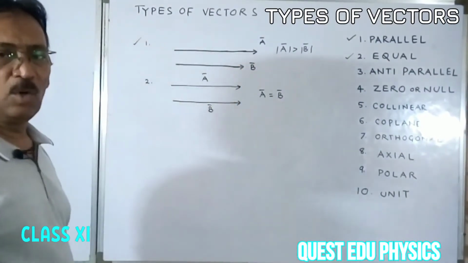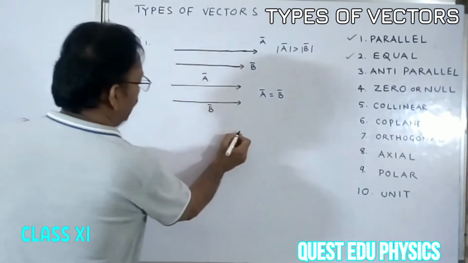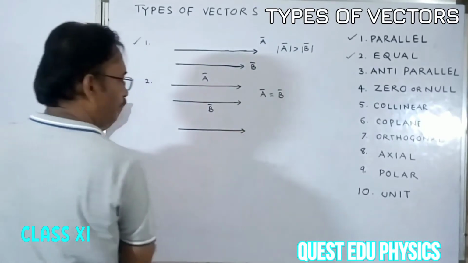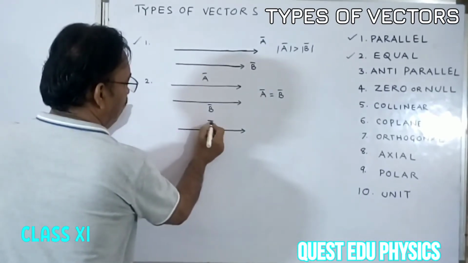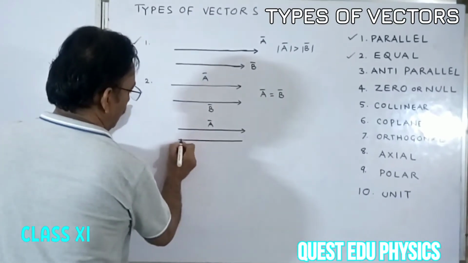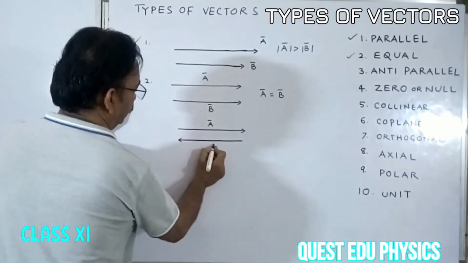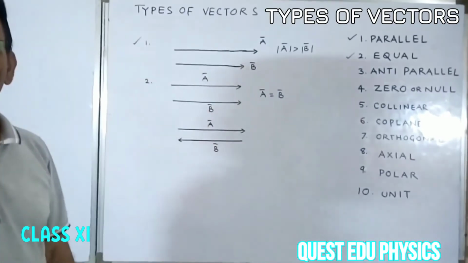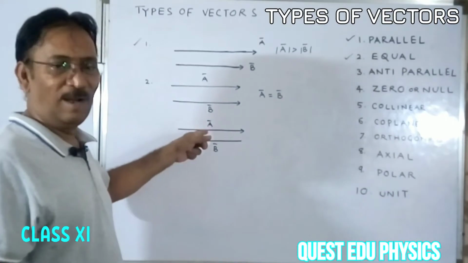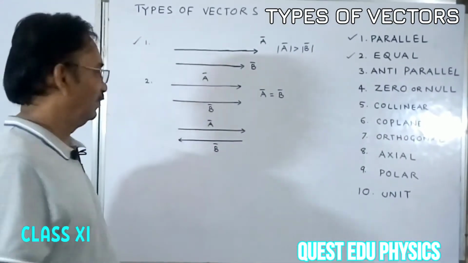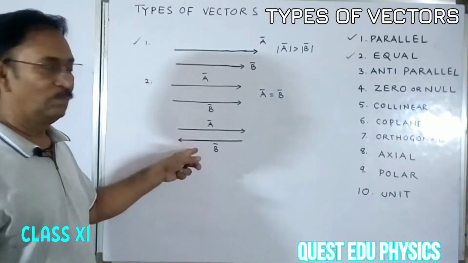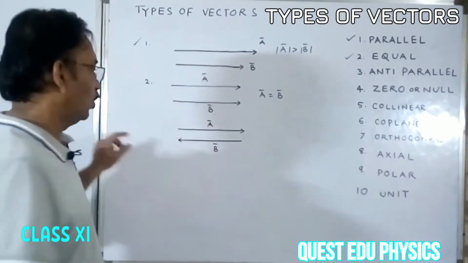We have covered parallel and equal. Then we have to think about antiparallel. Let's say it's a vector we named A bar, and I drew one more vector. These vectors are said to be antiparallel. What does it mean? The angle between the two is equal to 180 degrees.